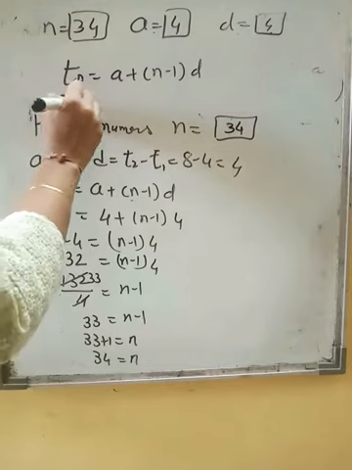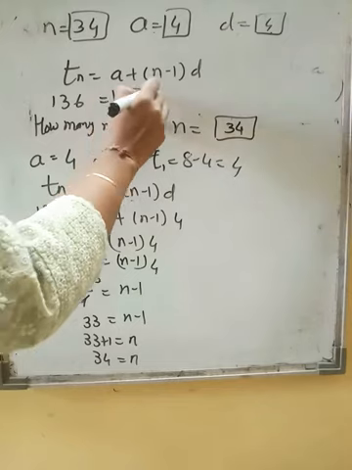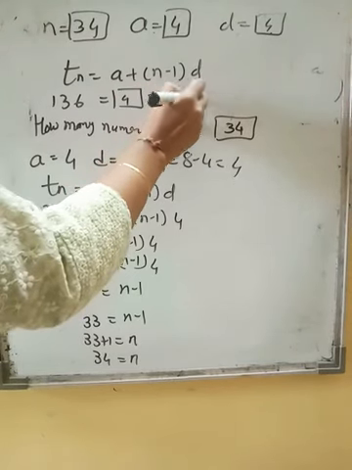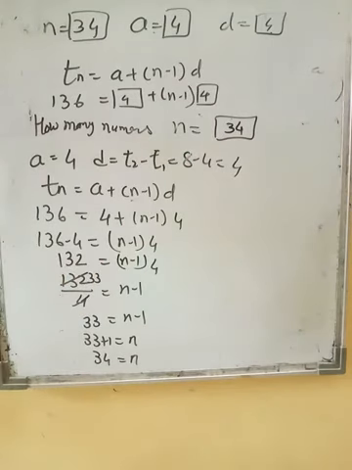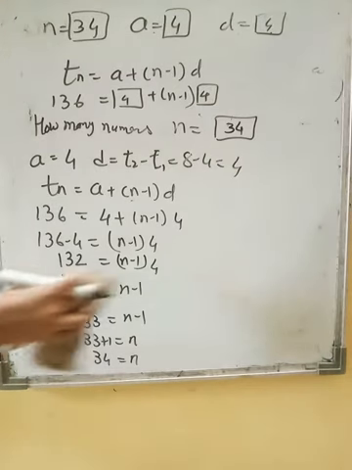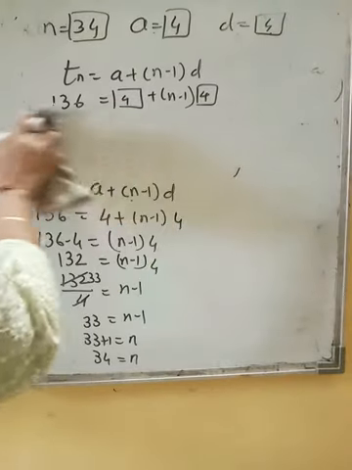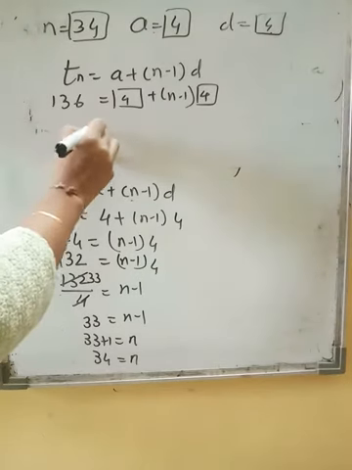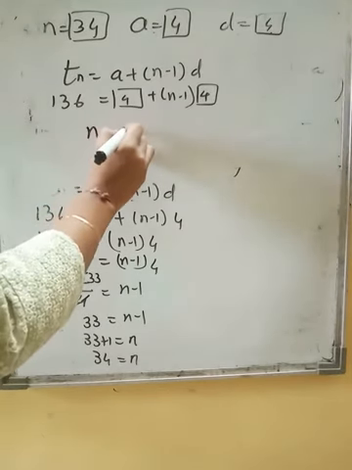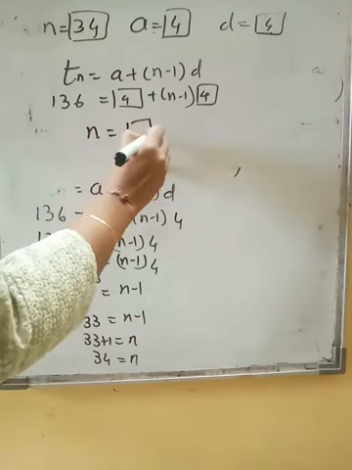So 136 is equal to, in the box what was A? 4 plus n minus 1, what will you take for D? 4. So this is the box. Okay, so this is only the sum they have asked. So now we got n is equal to 34.